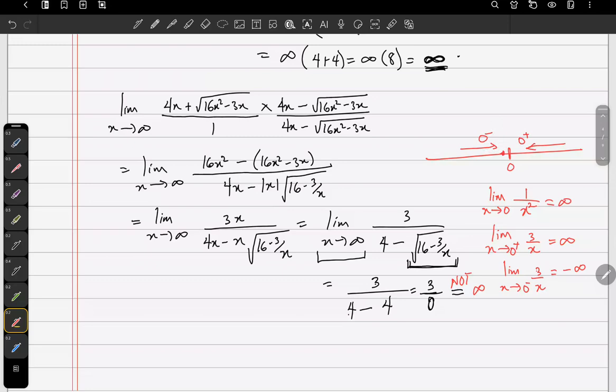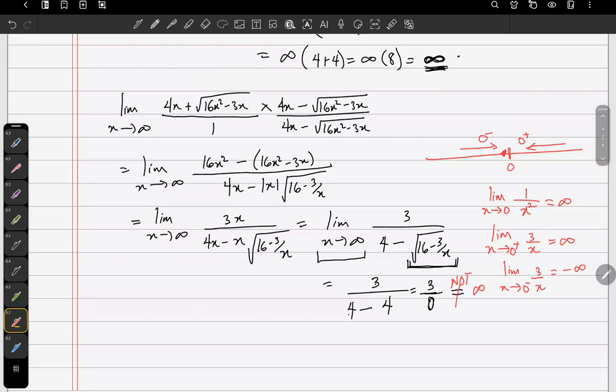So if I put in a very small number like minus 0.00001, I'm going to get a big negative number, and as we keep getting closer to 0, it's going to blow up to either positive infinity or negative infinity, respectively from the right or the left. Okay, so 3 over 0 is not equal to infinity.